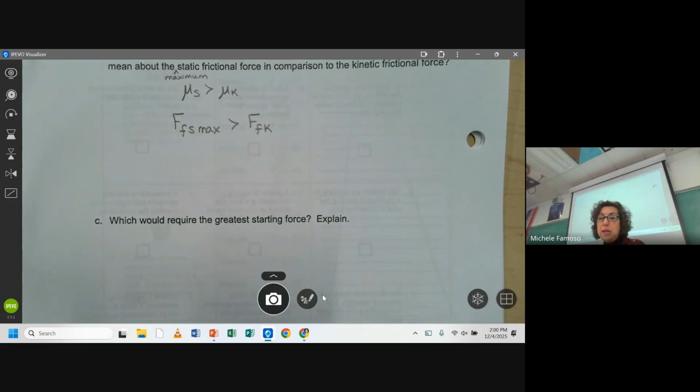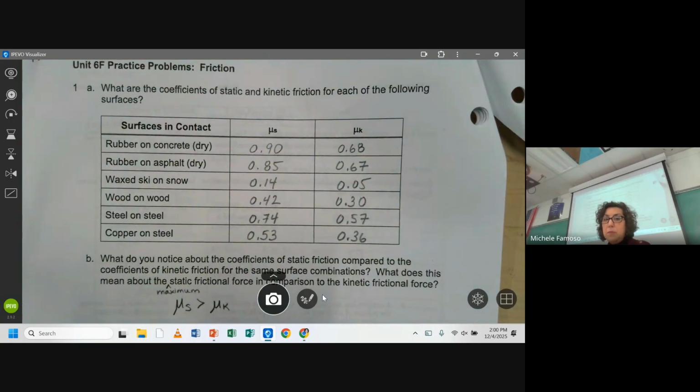Okay, part C. Which of those materials requires the greatest force to start it moving? Which of these requires the biggest force to get it to start to move? Ashley, what do you think? That's right.